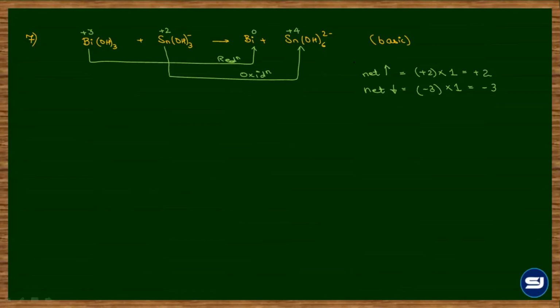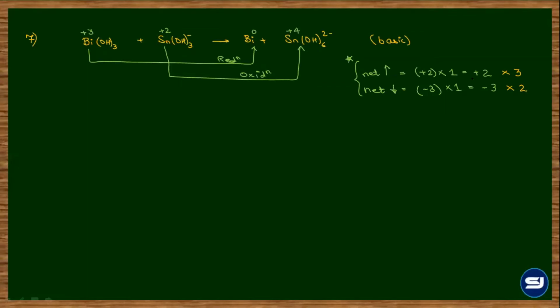Clear? Then in step number 4, we balance the net increase with the net decrease, and this is the main concept behind the balancing. The total increase should be balanced by the total decrease. So now to balance this, I should multiply the increase species by 3 and the decrease species by 2.